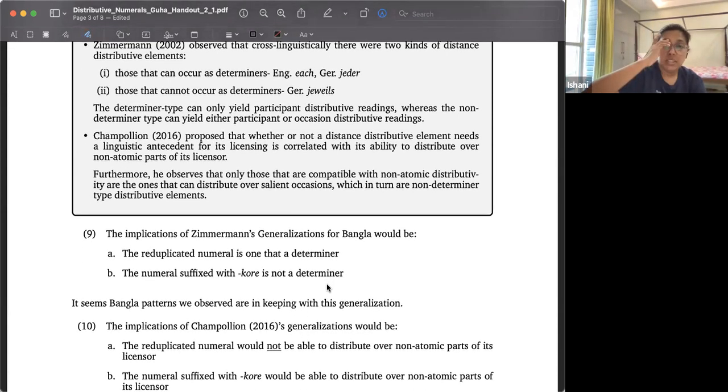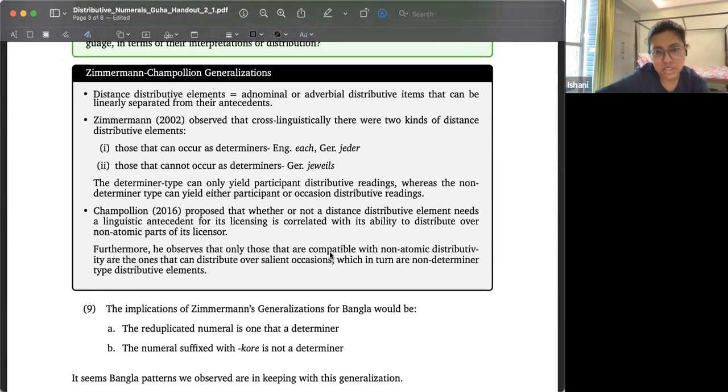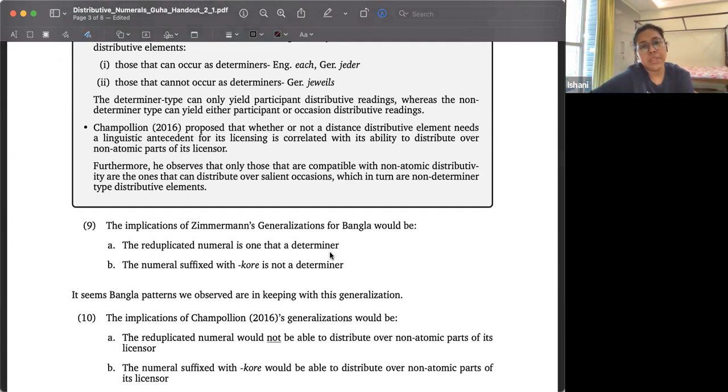Now, on top of Zimmermann's generalization, which is a typological generalization, Champollion further observes in his studies that whether or not a distance distributive element, that is these things that we are studying, numerals let's say, needs a linguistic antecedent for its licensing is correlated with its ability to distribute over non-atomic parts of its licensor.